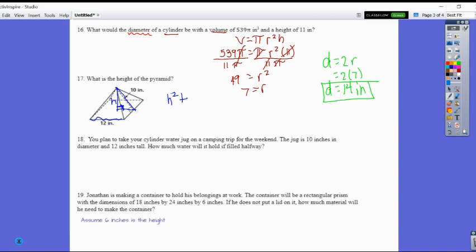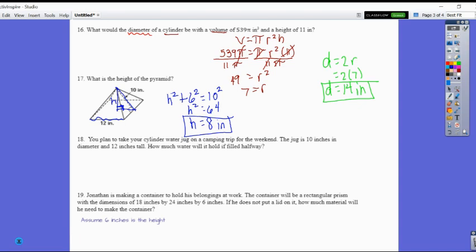It's not all of the 12, just halfway of it. That's the 6 squared equals then my slant height 10 squared. You're talking h squared equals 64, so the height must be 8 inches when you take the square root on both sides.